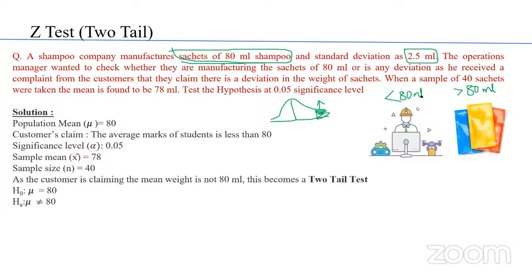Is there any advantage for us, or who will be at an advantage? Because we as manufacturers are saying that it is 80 ml, any customer could claim that they are being cheated. But if it goes unnoticed, then it is okay for the manufacturers maybe.